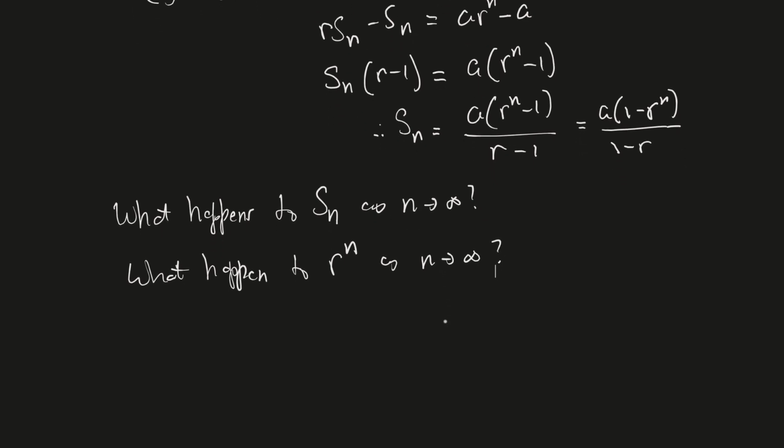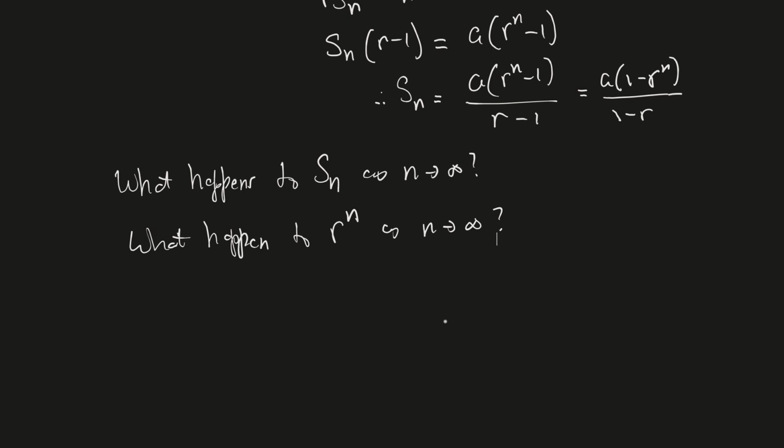Well, it depends on r. And remember, r at this point technically can be any real number. Let's see what are some of the possibilities. If r is bigger than 1, so something like 2.5 or 10 or 25, then r to the n will also go to infinity.